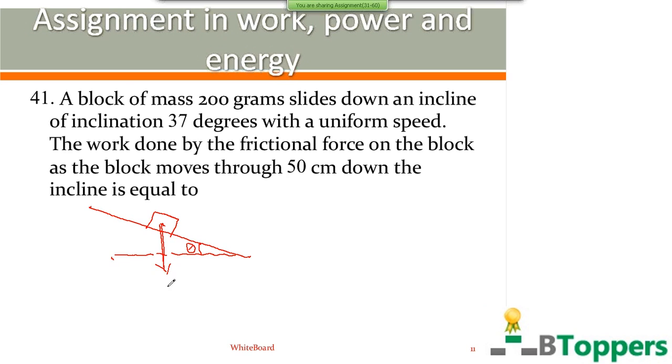The first force which acts on the block is its weight mg, which is the gravitational force of the earth on the block. Then the second force is the normal reaction force on the block by the surface of the inclined plane. Then the force of kinetic friction on the block by the inclined surface acts up along the inclined plane.